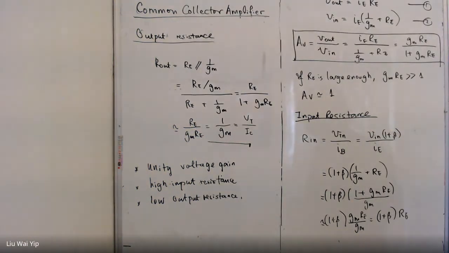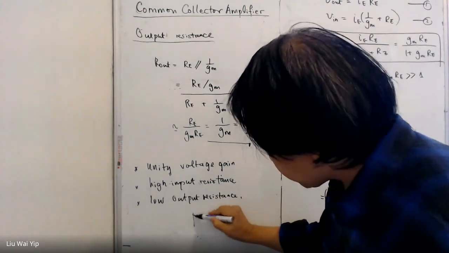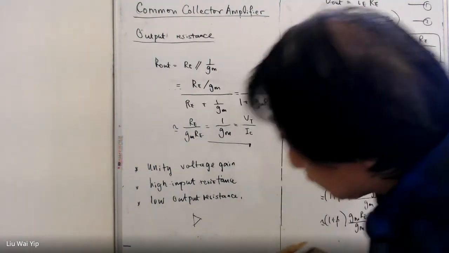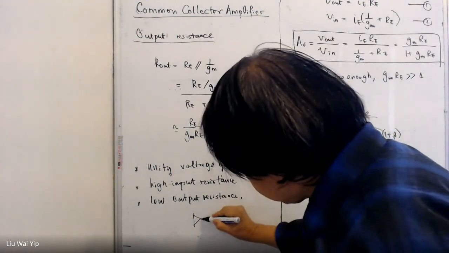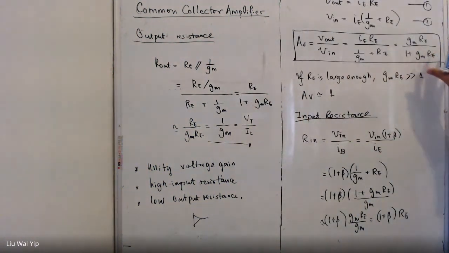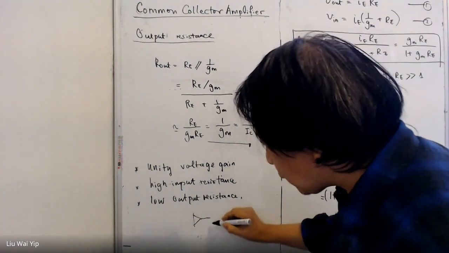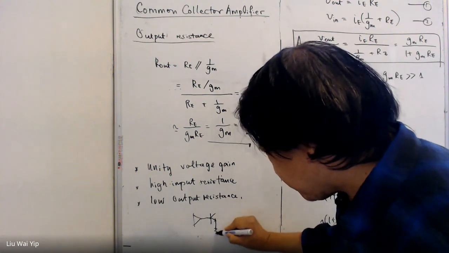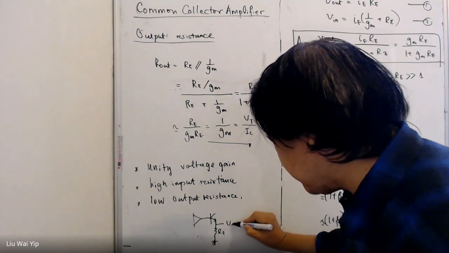So in other words, if you have a preamplifier and the preamplifier is running out of output drive, what you can do is to use this collector circuit and then you add a driver here. And you just tap the output in here.